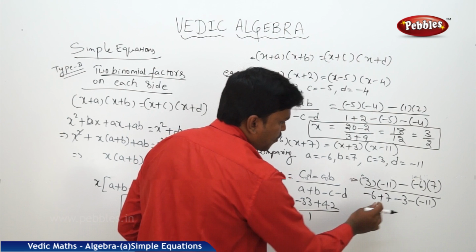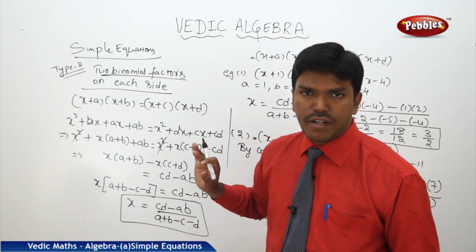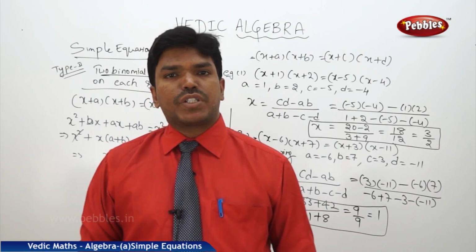So it becomes minus 3 to CD minus AB by A plus B minus C minus D. Done? Now, let us see the third type of equations.